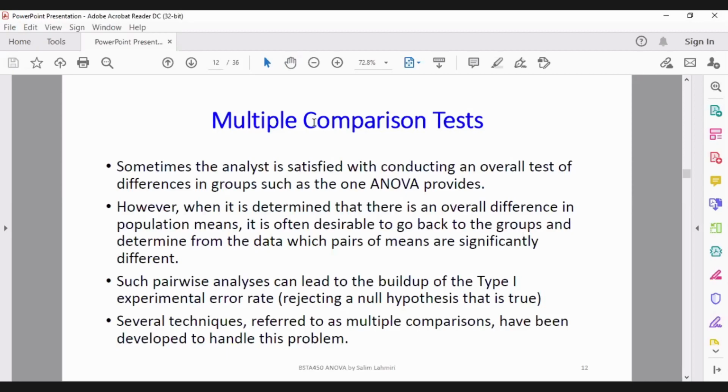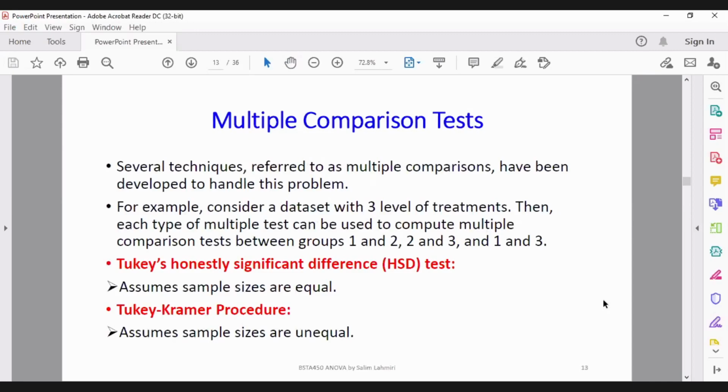Several techniques referred to as multiple comparisons have been developed to handle this problem. When you are comparing means of different samples, you need to perform a kind of multiple comparison test. For example, consider a data set with 3 levels of treatments. Each type of multiple test can be used to compute multiple comparison tests between groups 1, 2, and 3.